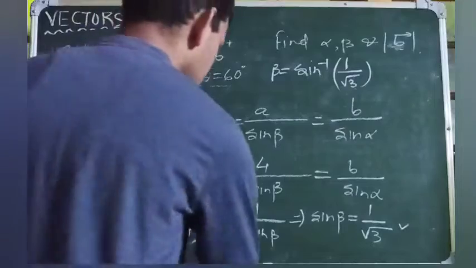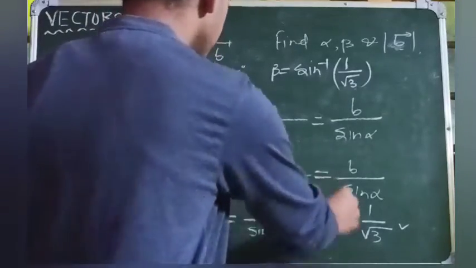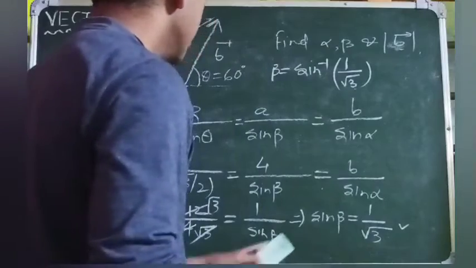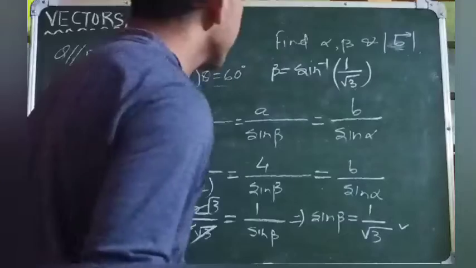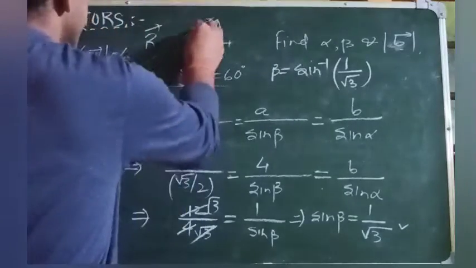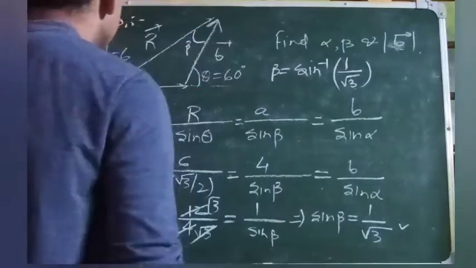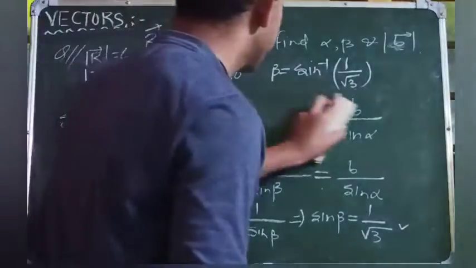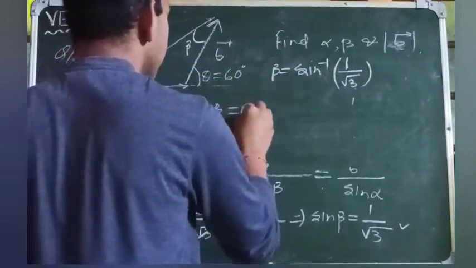Now, from the second expression, we are going to get the value of b if we find the value of alpha. Now, we know that by exterior angle property, alpha plus beta is equal to theta.